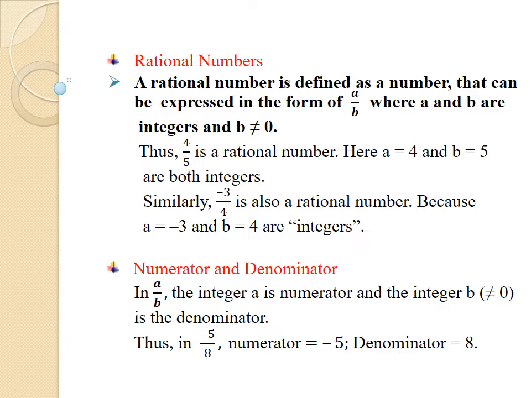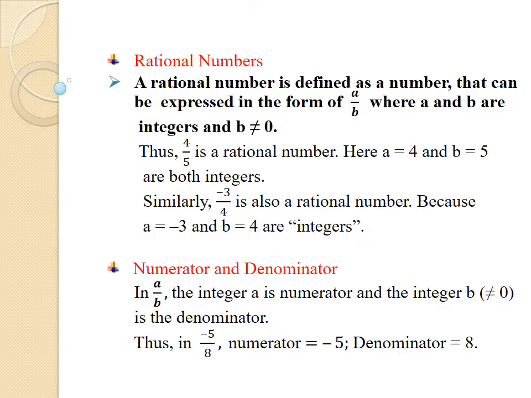Many fractions like 3 upon 5, 6 upon 12, 3 upon 4, etc. are rational numbers. Decimal numbers like 0.6, 3.2, etc. Each of such numbers can be written as an ordinary fraction and hence are rational numbers.